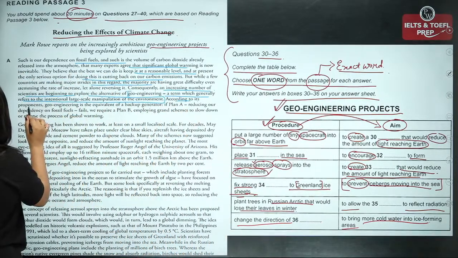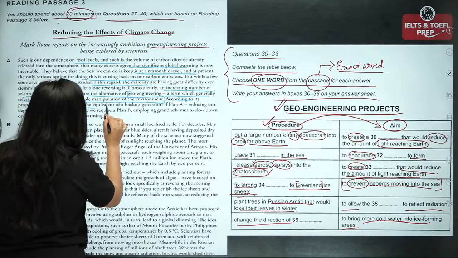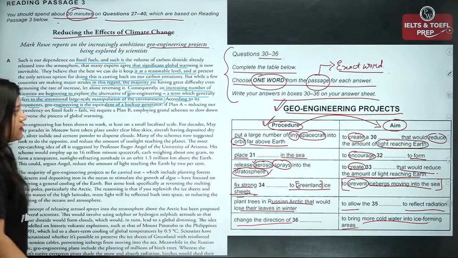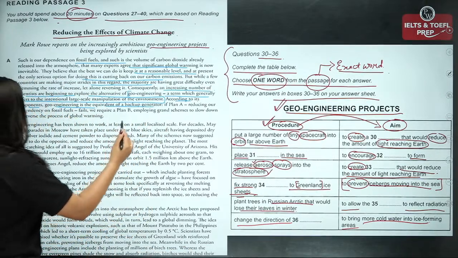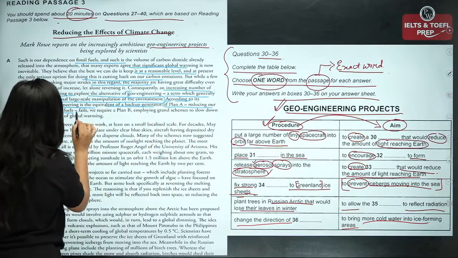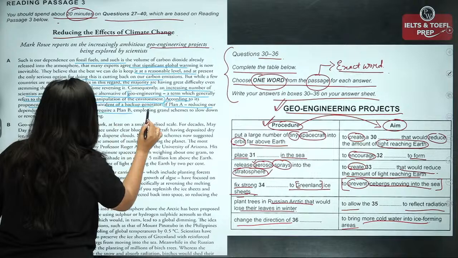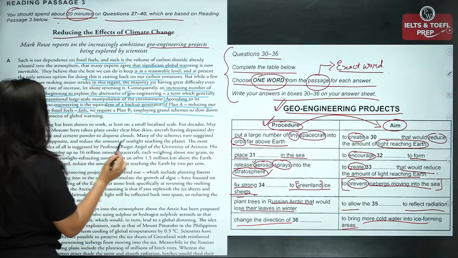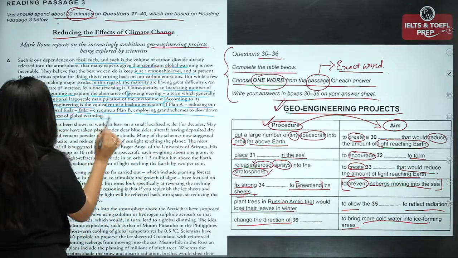According to its proponents, geoengineering is the equivalent of the backup generator. If plan A, reducing our dependency on fossil fuels, fails, we require a plan B, employing grand schemes to slow down or reverse the process of global warming.